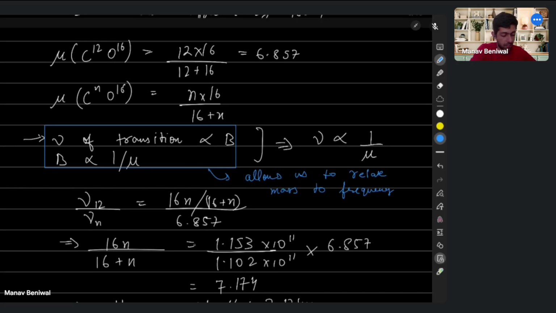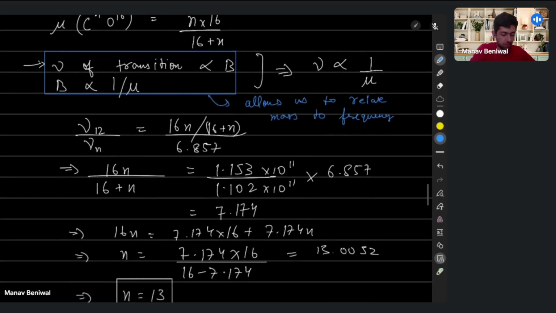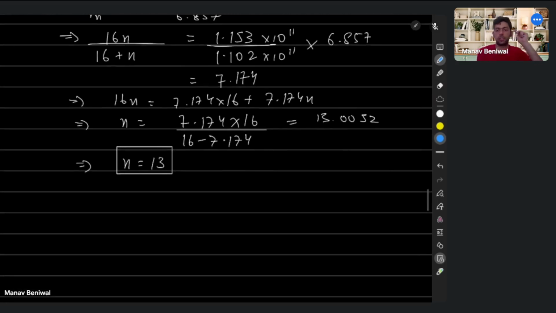Then we can solve for n. This is just very straightforward arithmetic, and we get n equals 13. So this implies this is a C13 isotope of carbon.